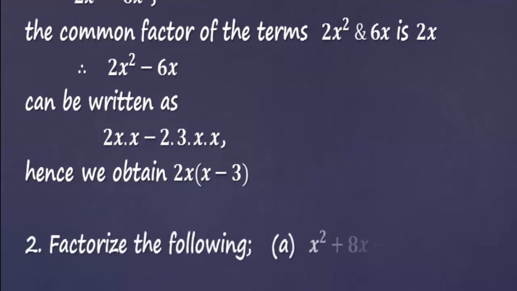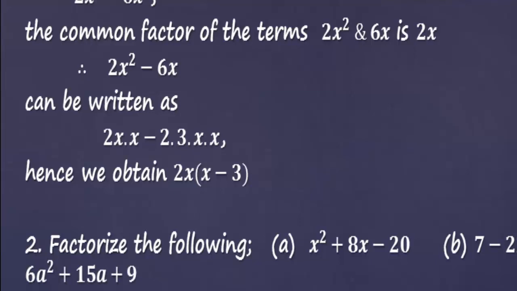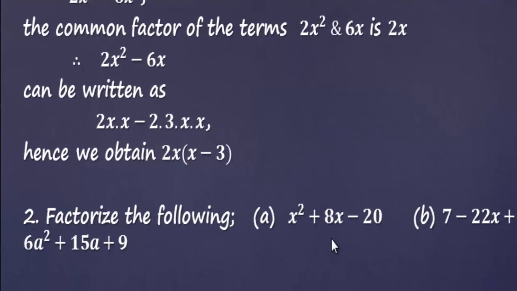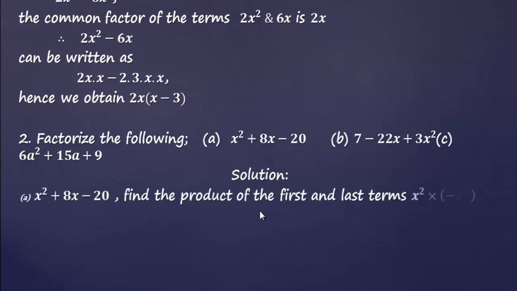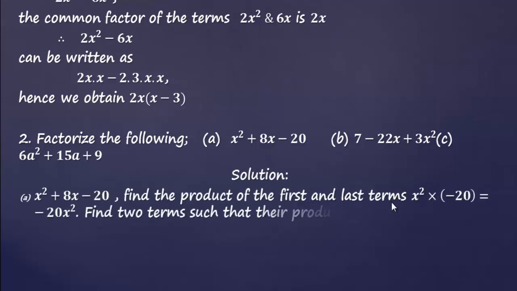Now let's go to number 2. Factorize the following: a, x squared plus 8x minus 20; b, 7 minus 2x plus 3x squared; and c, 6a squared plus 15a plus 9. These are quadratic expressions. Now from here you can find the product of the first and the last terms.